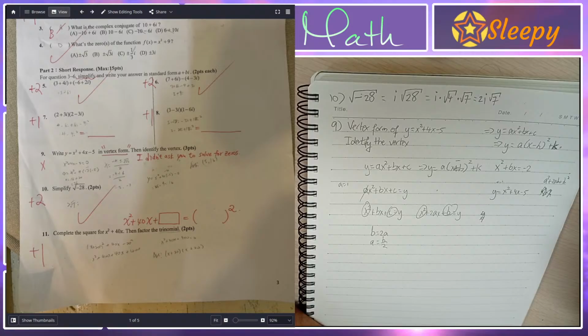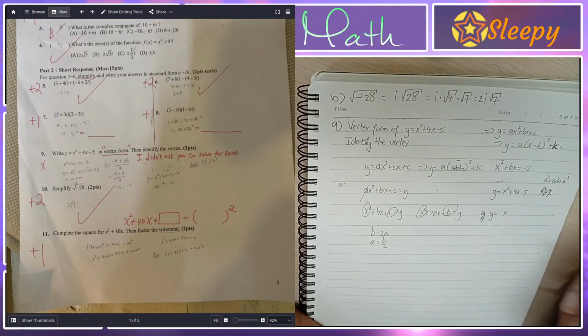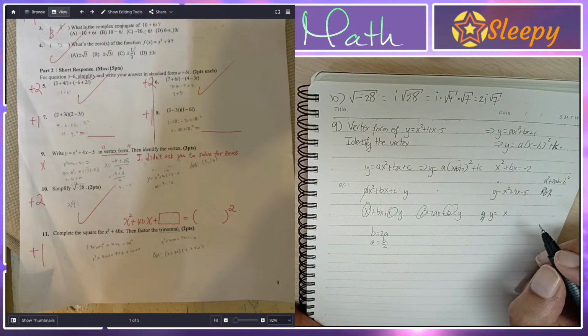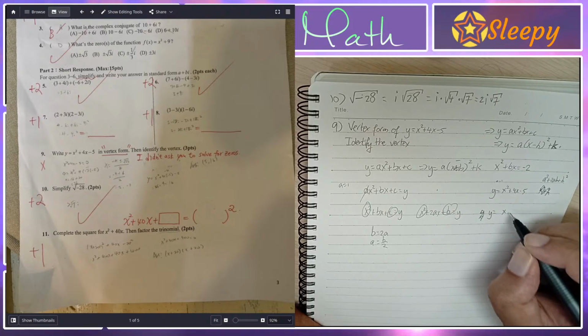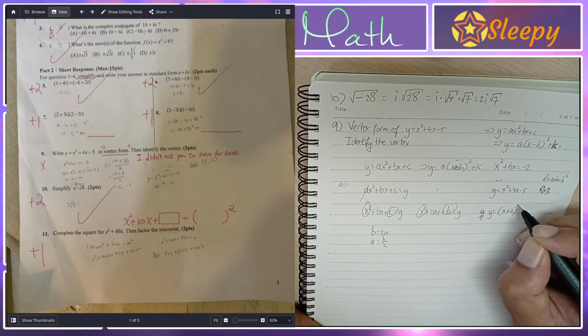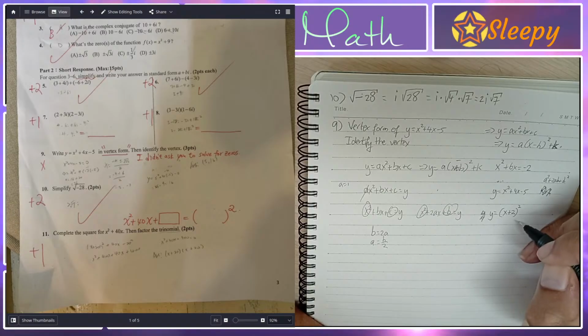So y is x plus 2 squared, so you get x squared plus 4x plus 4.